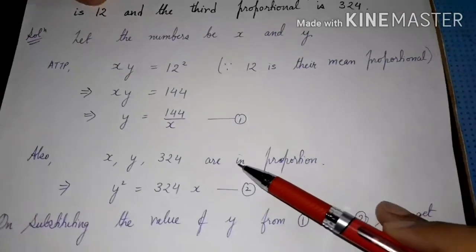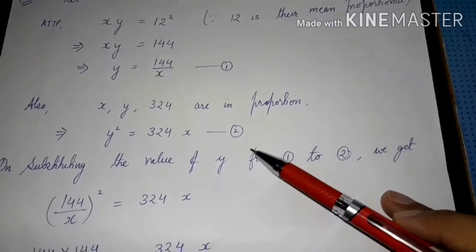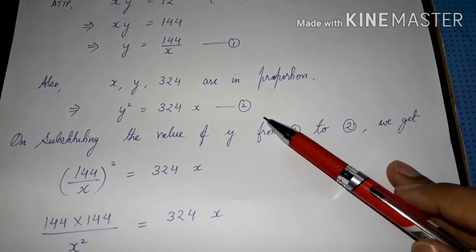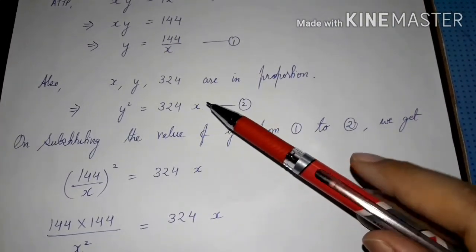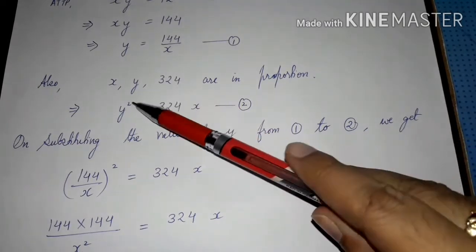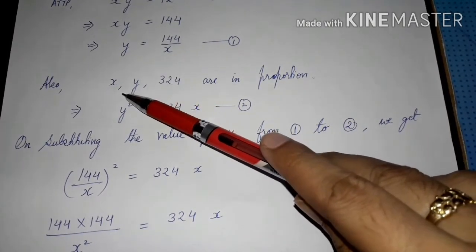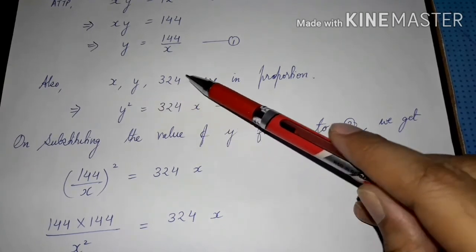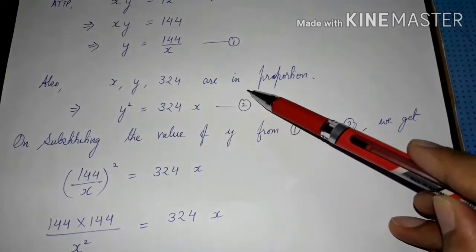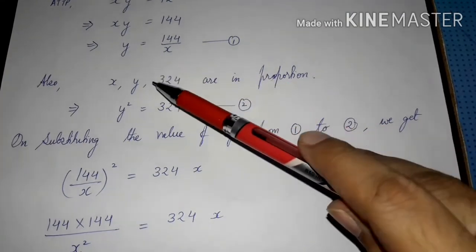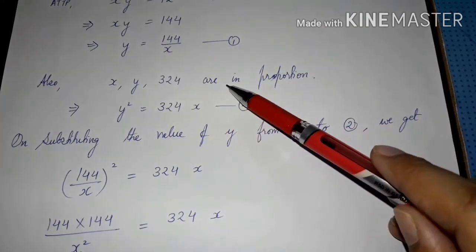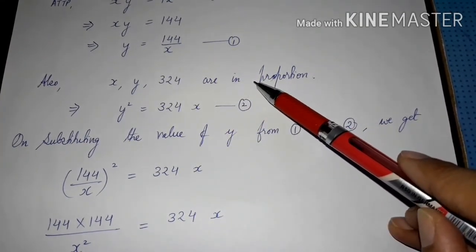Now let's see the second equation. What else is given? That 324 is the third proportional. So if the numbers are written with 324, they can be written as x, y, 324, and then they will be in proportion. x, y, 324 are in proportion.